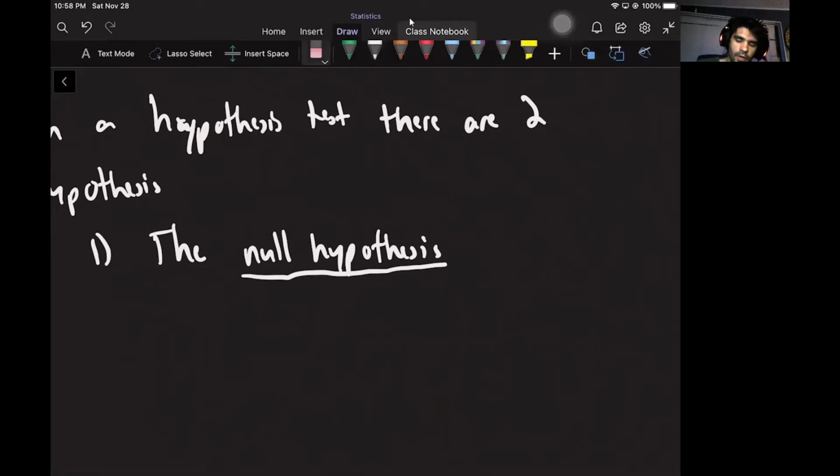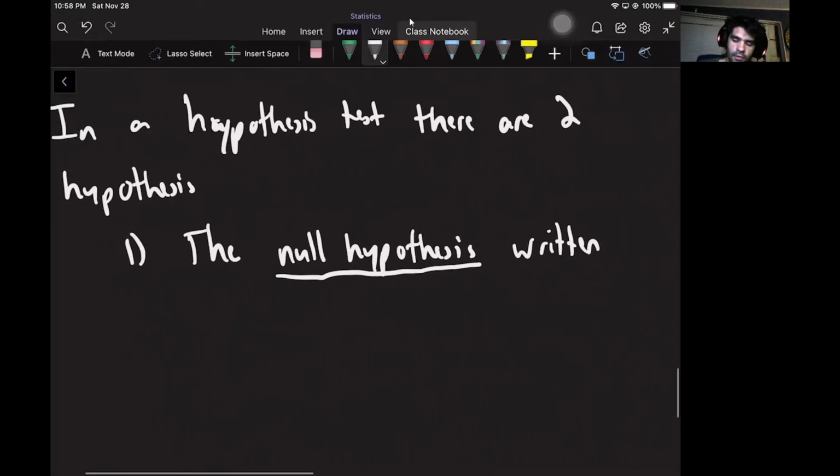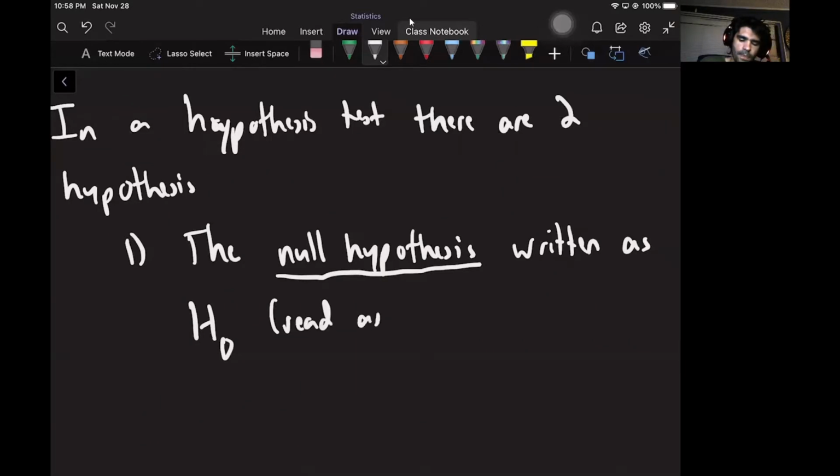So the null hypothesis, first of all, we write it a certain way before we worry about what it is. It's written as capital H subscript 0, but people read it as H naught.